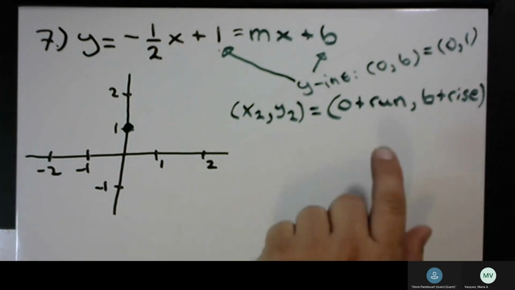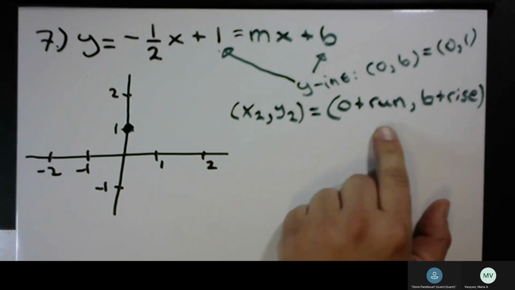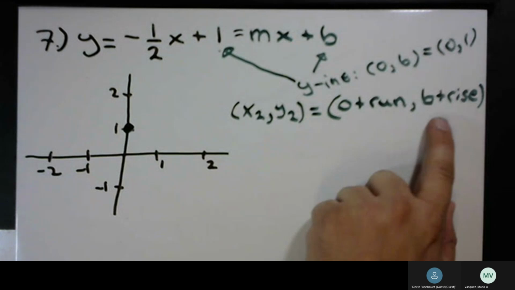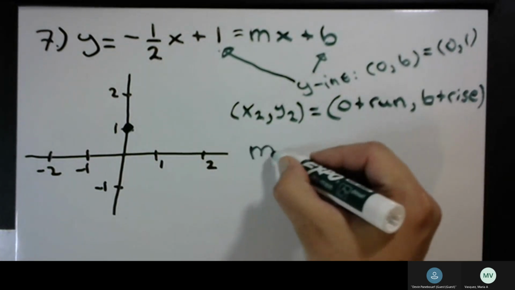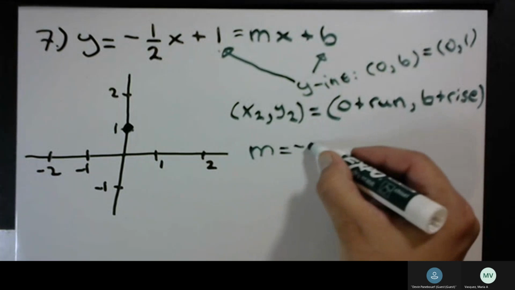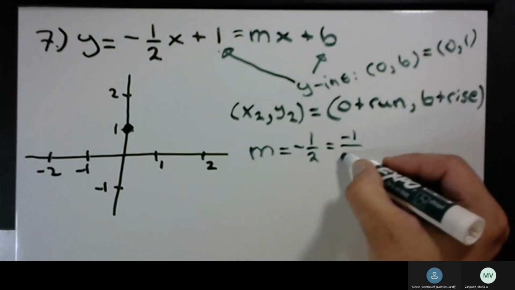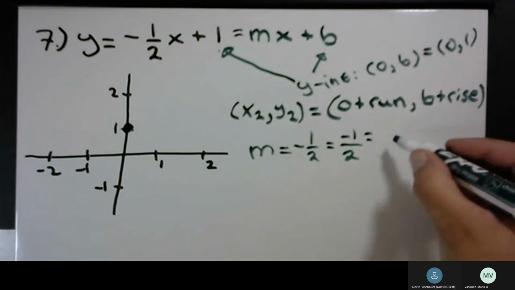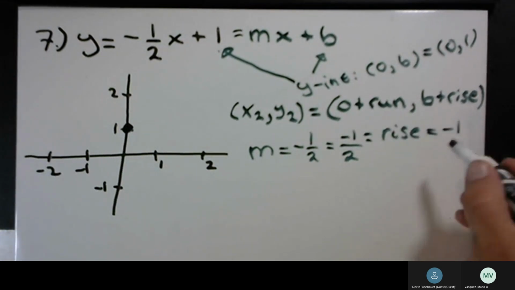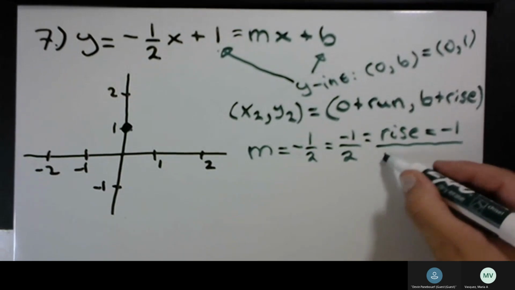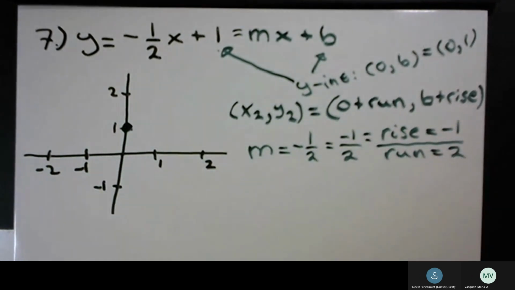So the second point is 0 plus the run, and this is going to come from the slope, and b plus the rise. Now again, our slope m is -1/2. We put the negative on the numerator of the top number. So the rise is -1, and the run is 2.